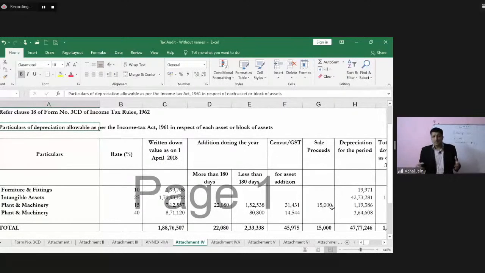In the PPE schedule, total additions which took place during the year are reported, and those are presented separately. So the sum total of these two additions, more than 180 days and less than 180 days, should be equivalent to the total appearing in the financial statements. There should not be any gap between these two until there is some adjustment.